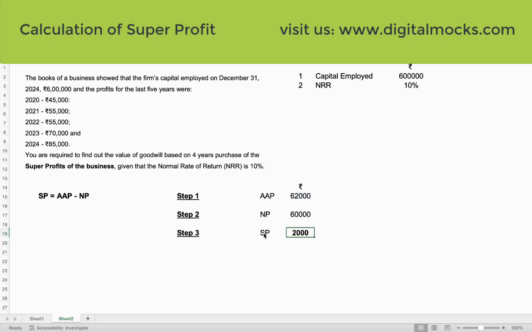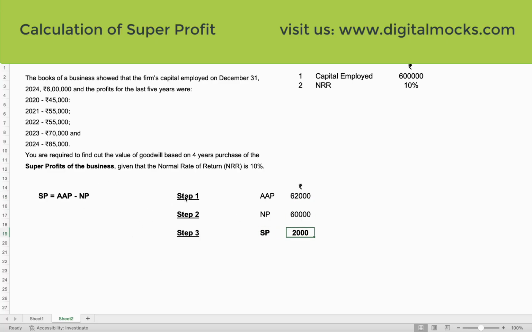This is the super profit we have calculated. Okay, the firm will be giving me 2,000 extra, right? And if I shut down the business and withdraw the entire capital employed and put it in the bank, without any risk I can earn 60,000. So which is the good investment decision? The firm, right? Because the firm will be giving me 2,000 extra. So that is called super profit.